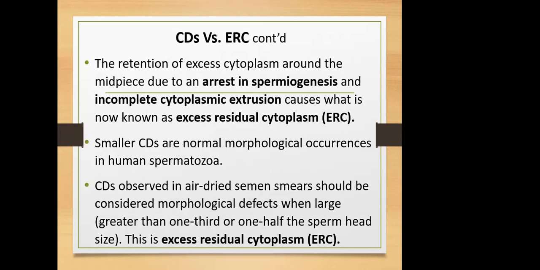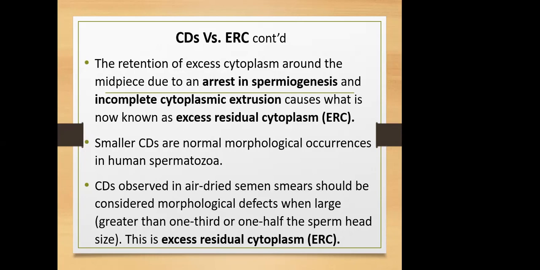If the extrusion occurs and phagocytosis also occurs, and after the extrusion there's a small amount of cytoplasm left, that's normal. But if there is a failure or an interruption in the extrusion phase, then there's still going to be some remnants or a large proportion of cytoplasm left.